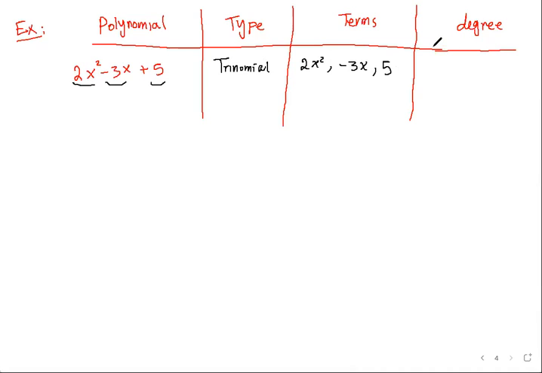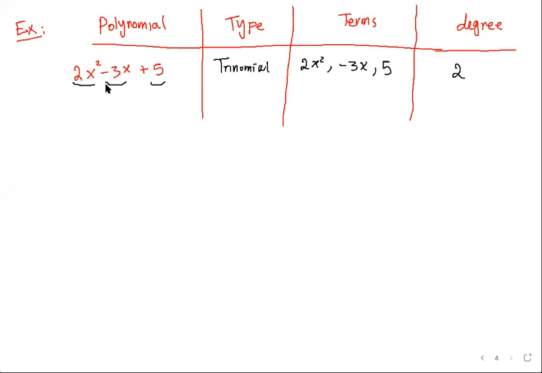What is the degree? The degree is the highest power. It's 2. Look here: 2, 1, and here it actually has x to the power 0, and x to the power 0 is 1. So the degree here is 2, the highest power.